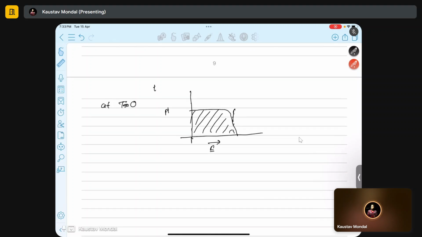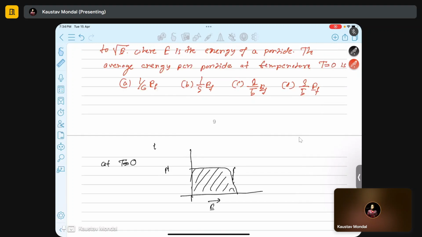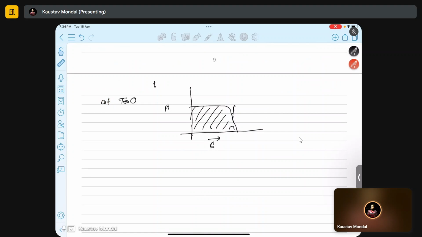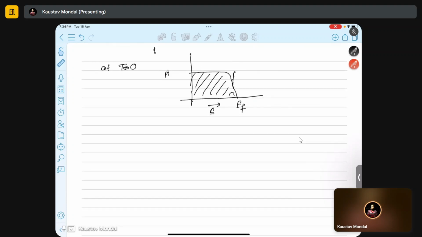So first what you have to do is find the average energy per particle. Let's first calculate the number of particles. Now at T equal to 0, as you already know, the energy levels up to the Fermi energy EF are full.